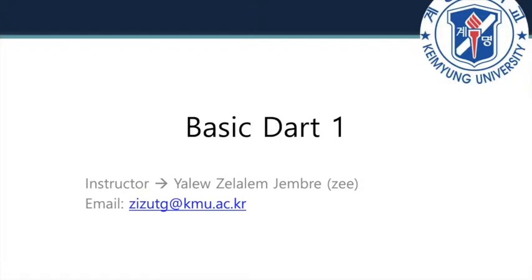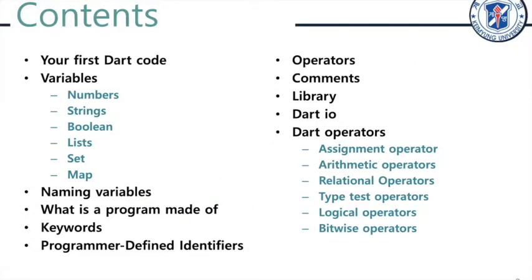And today, as I have said earlier, we will learn how to write Dart and the rules associated with the language. This is the content of chapter 2. Although we'll not cover all of it, we'll try to cover half of it in this lecture, and in the next lecture we'll finish the rest.